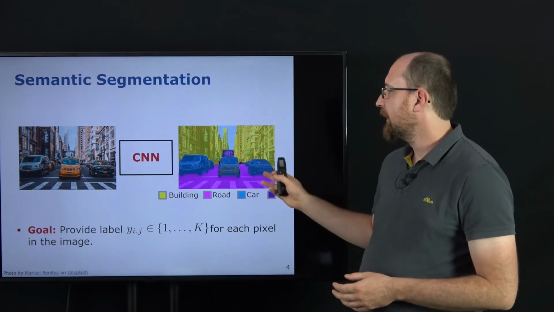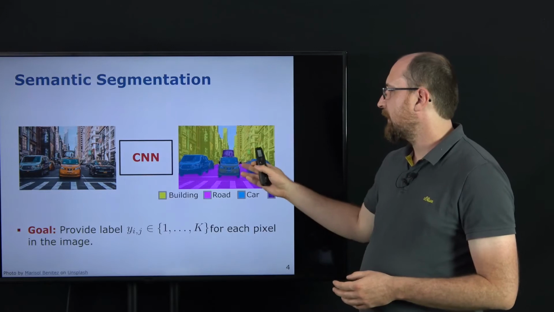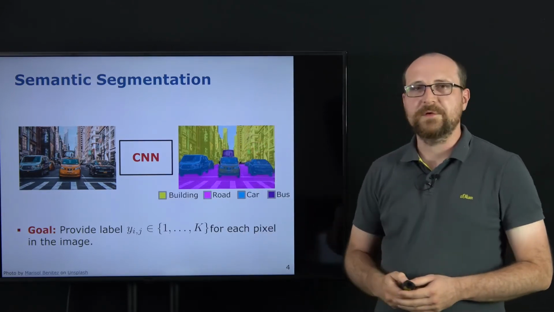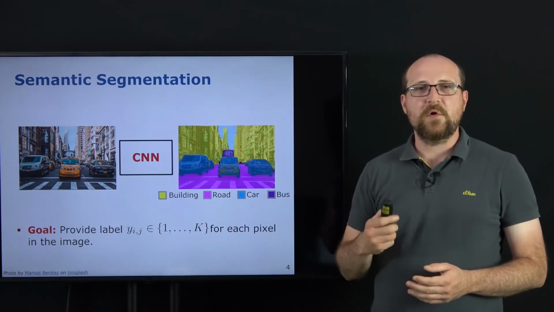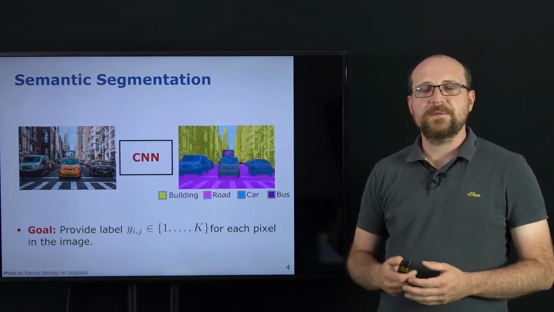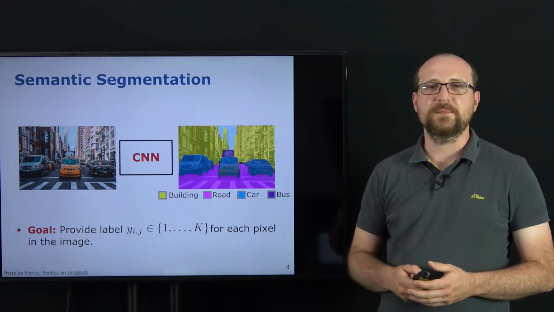Then we have the cars classified by these blue pixels. Then we have the bus and the building surfaces classified. So this is a more fine-grained classification than image classification, where we really want a different classification output for each pixel.